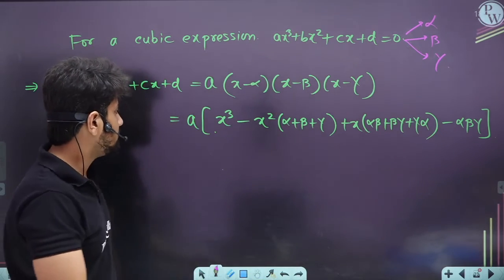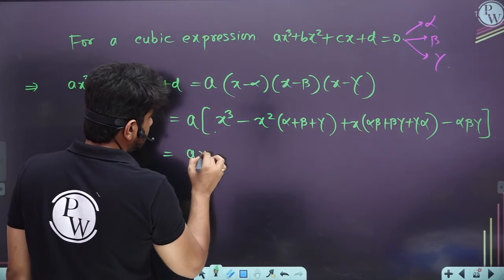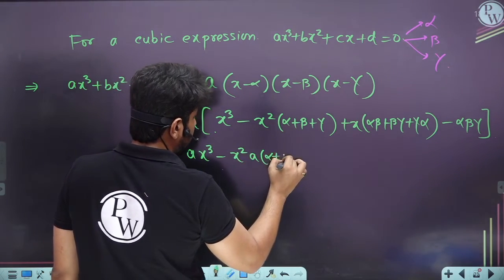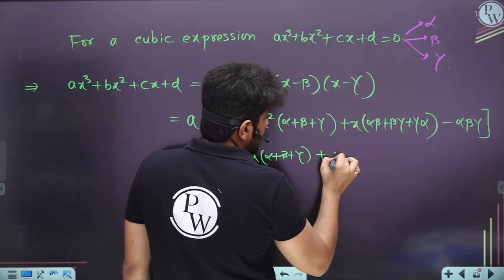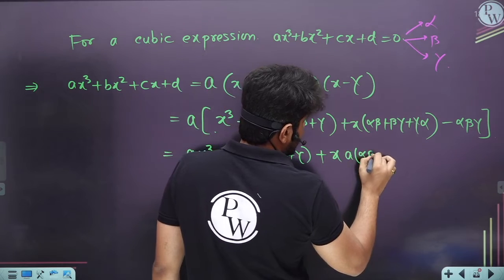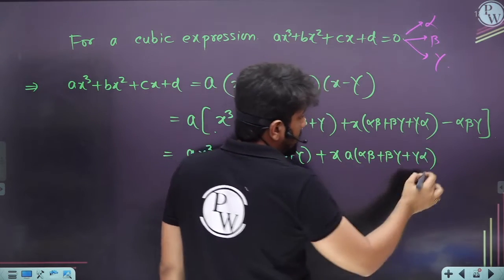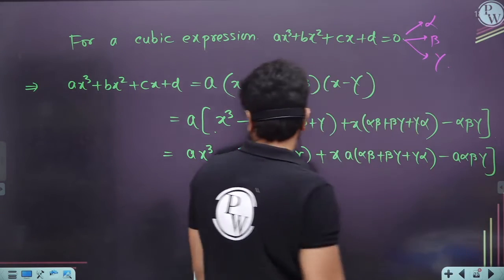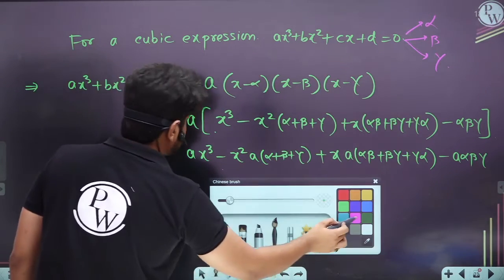Now, see, here we have a x cube minus x square into a into (alpha plus beta plus gamma) plus x times a times (alpha beta plus beta gamma plus gamma alpha) minus a times alpha beta gamma. This is what we have, right?